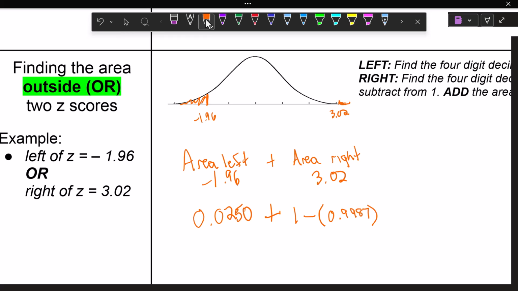So when we calculate all that, we get a proportion of 0.0263 or 2.63%. And you can tell it's not going to be a large number. There's barely much of anything on the right, and on the left, there's not a whole lot either. So that's how we can find area, proportion, using z-scores and our z-score table.